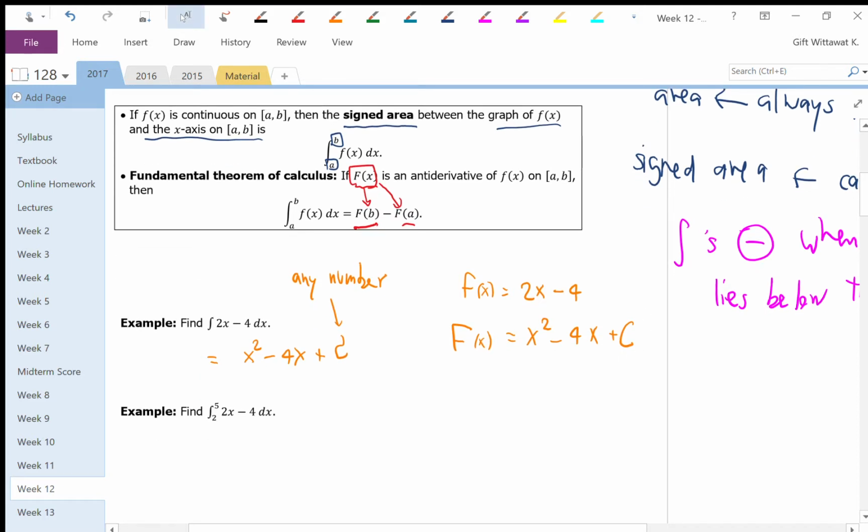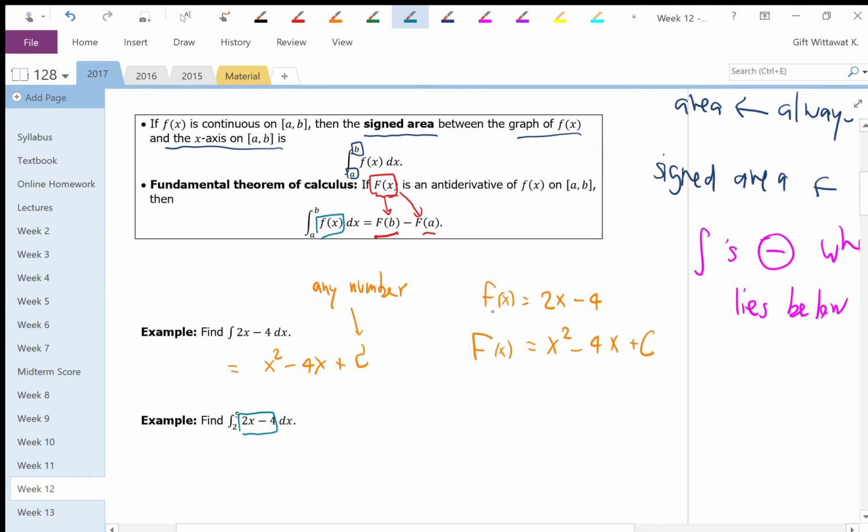Now then, I would like to compute the integral of 2x minus 4 dx from 2 to 5. I'm going to appeal to the fundamental theorem of calculus here. My little f, just like what we have earlier, is going to be the 2x minus 4 function.